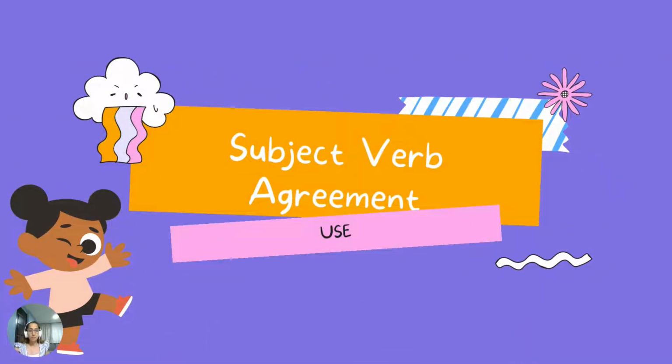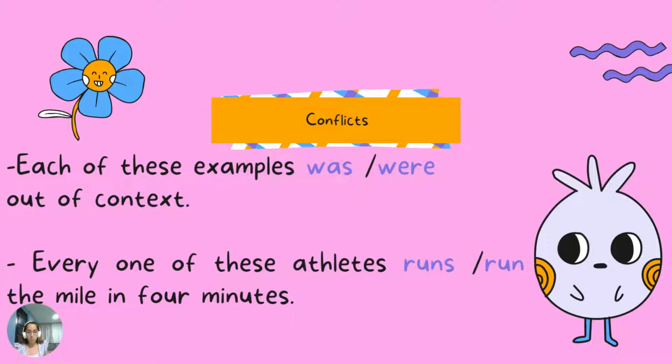And finally, let's continue with the subject-verb agreement, and let's look at the use. Okay, when it comes to use, there are complications due to conflicts between prescriptive rules and actual usage. Let's look at these examples.